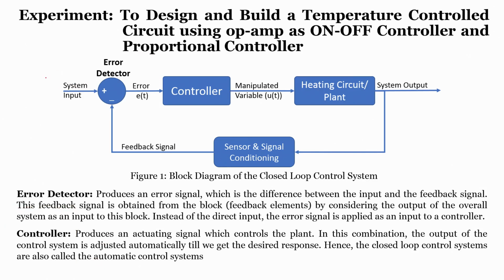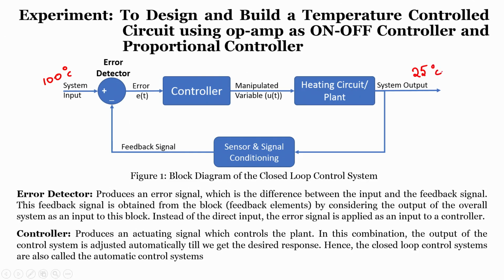Say the user wants to maintain the input as 100 degrees centigrade, but initially the heating circuit will be at room temperature, somewhere between 25 and 30, depending on where we are.